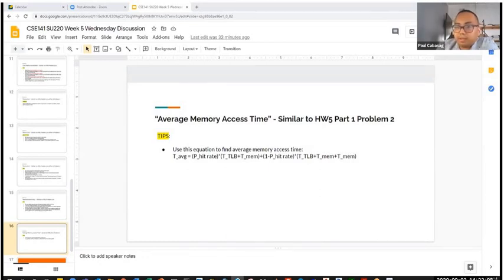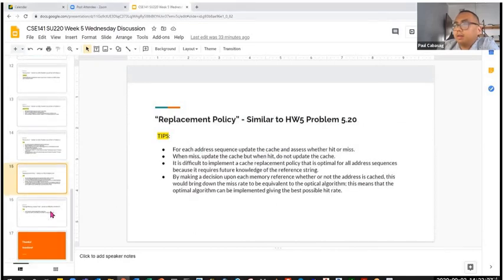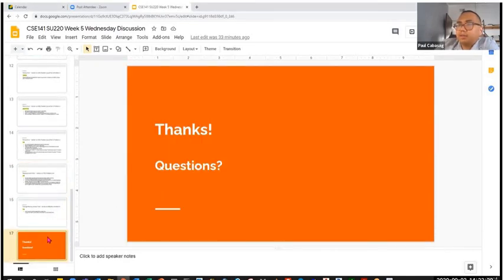For those, T seek is already given to you, and I think this is part 1 of problem 3. Just apply that equation, and with the given values you should be able to get T data. And I think that's what I have for today.